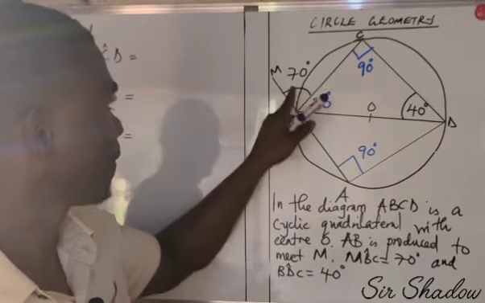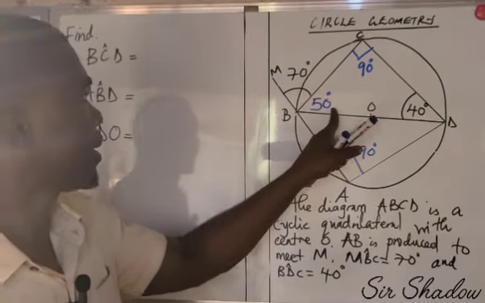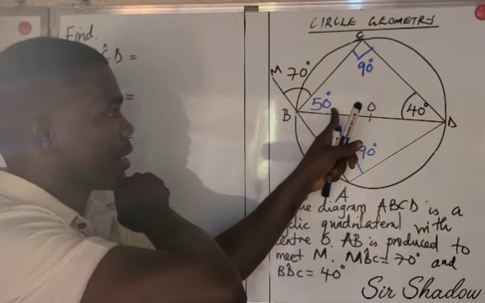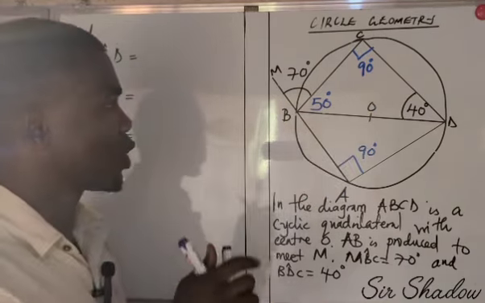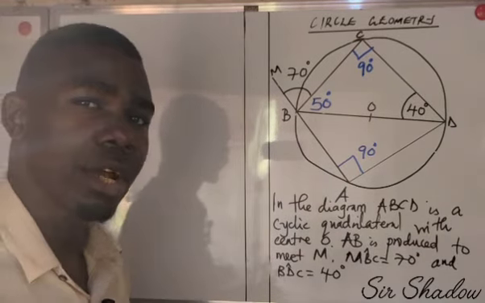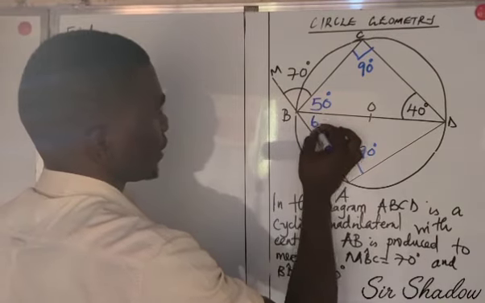Right now I have 70 here, I have 50 here. So I can just take 30 from this 50 and put it here to make it 100. So it becomes 120. So the sum of 70 plus 50, I get 120. 180 minus 120, I now get 60 degrees right here.